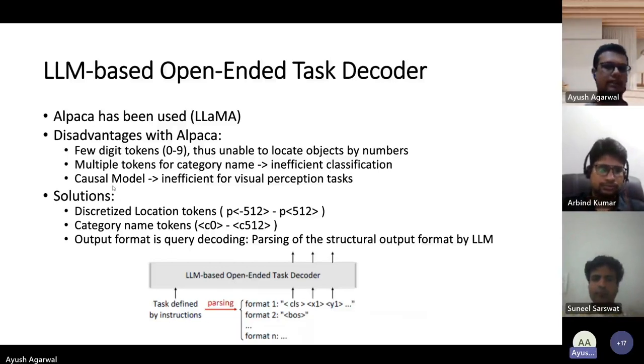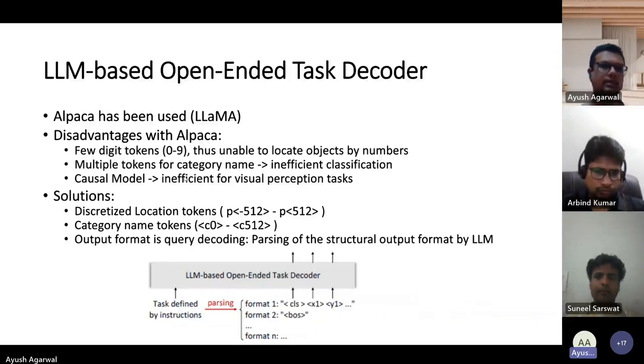And the third thing is that it is a causal kind of model, as in text-based things. It gives you a reason based on a cause, which would be inherently inefficient for visual perception tasks, as in it has not been trained on these kinds of tasks. So we need to address that.